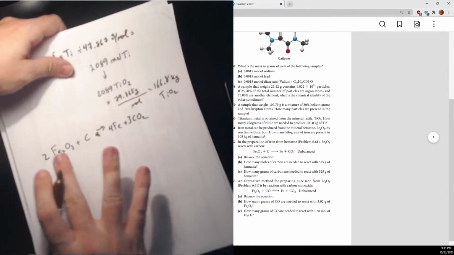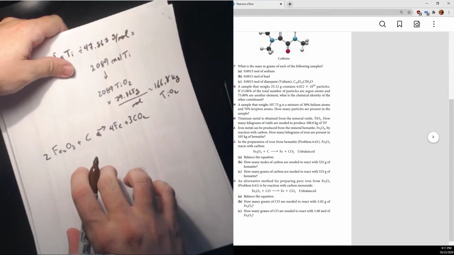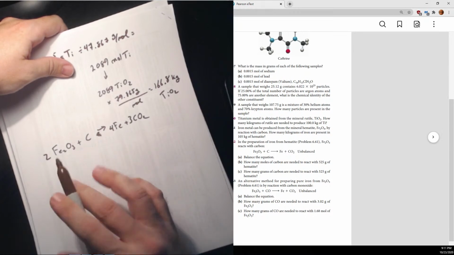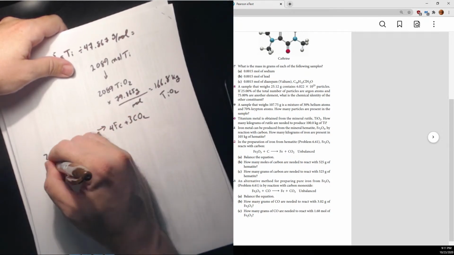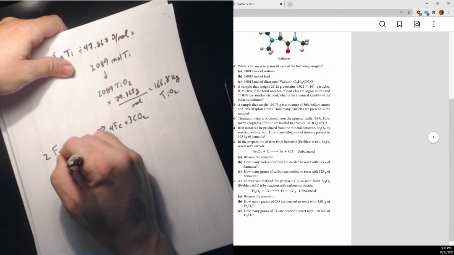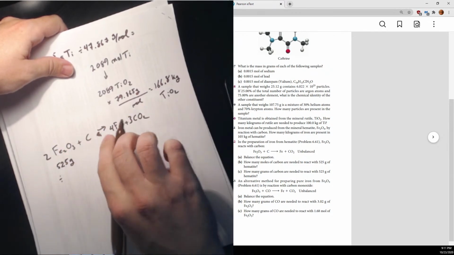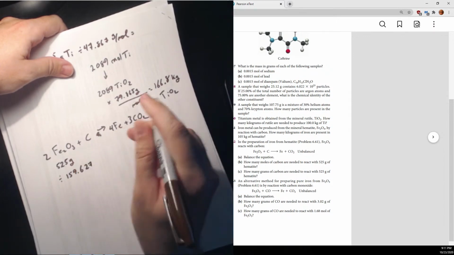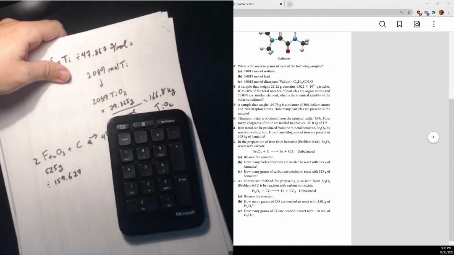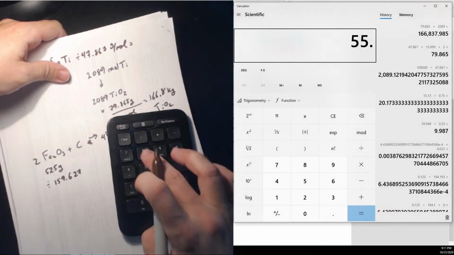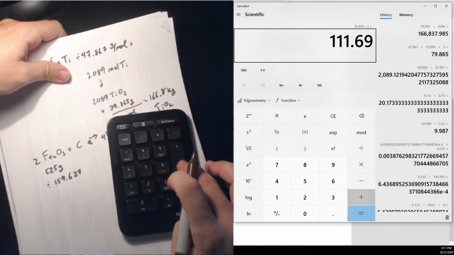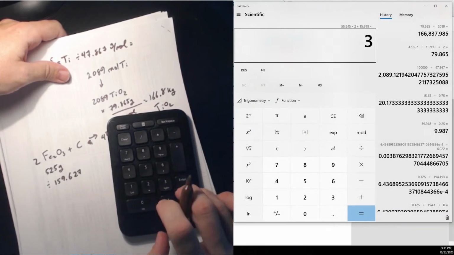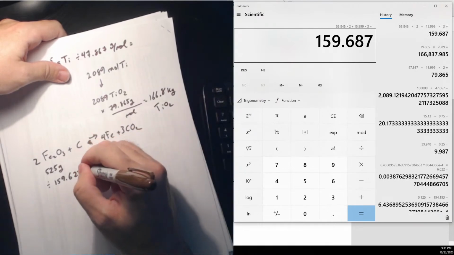Hematite technically is the ore, and it's not going to be pure iron 3 oxide, but whatever. So 525 grams, 159.627, I think. Six 687.